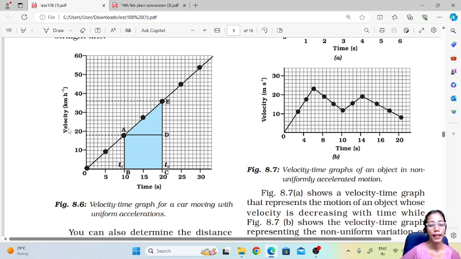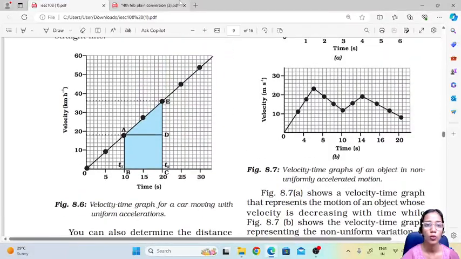So again you want to find the acceleration over here because you have velocity and time, and there is change in velocity over here. So in this case you have to cover one area, and this area is a trapezium. You can see that this area can be divided into two parts. One is a triangle and one is a rectangle.